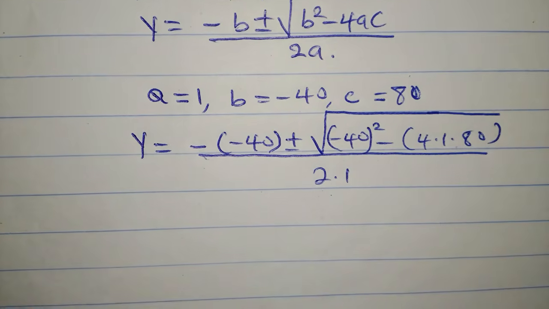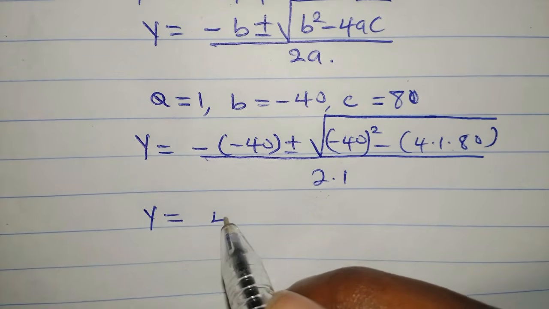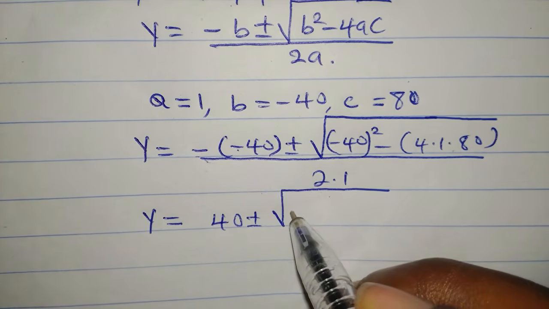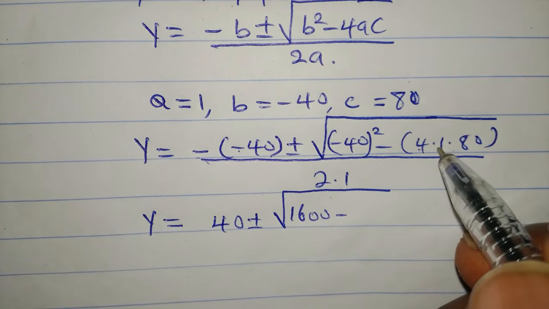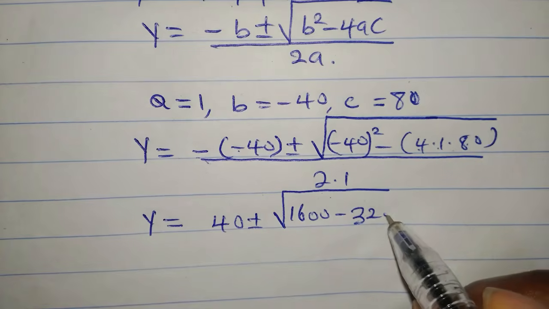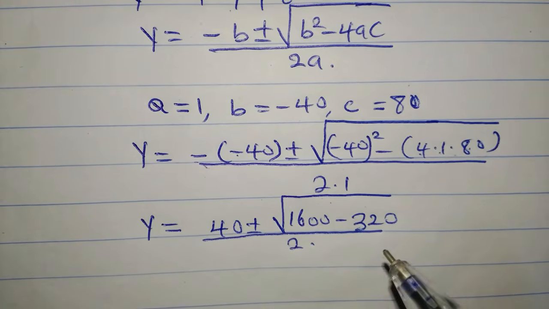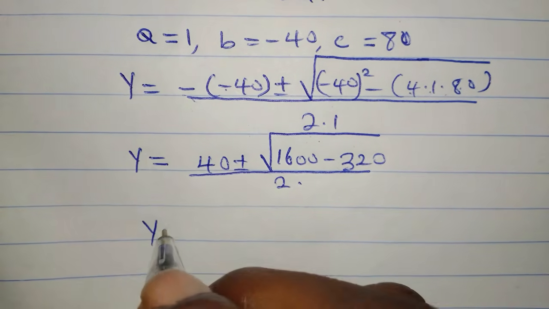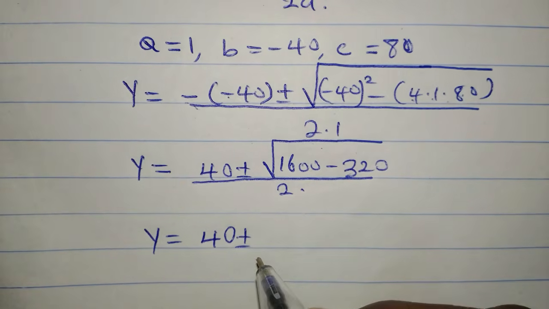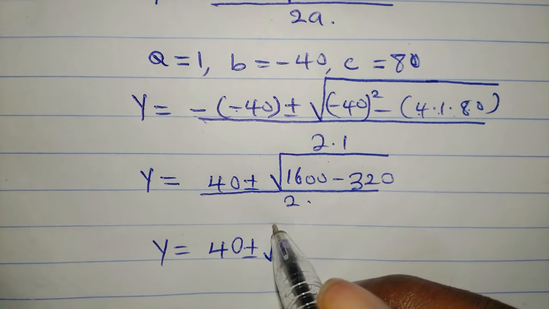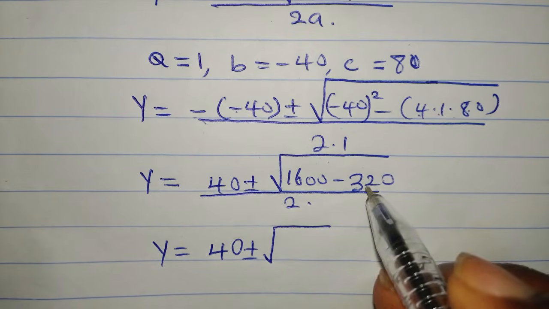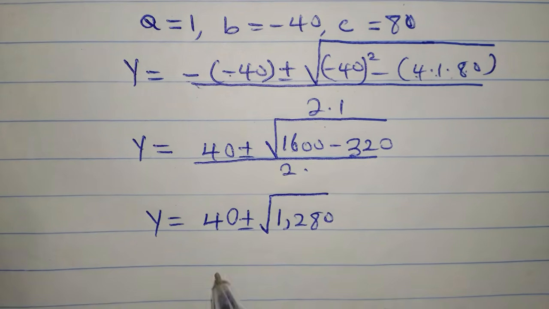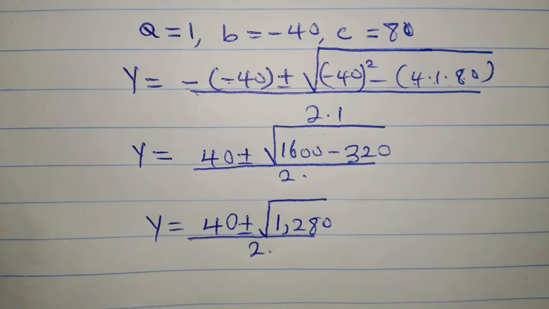From there we have y equals 40 plus or minus, because this and this will turn to positive, the root of 1600 minus 4 times 1 times 80, which is 320, divided by 2. So y is equal to 40 plus or minus the root of 1600 minus 320, which is going to give us 1280, divided by 2.